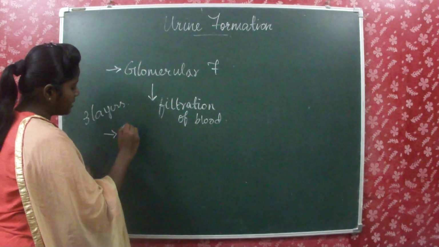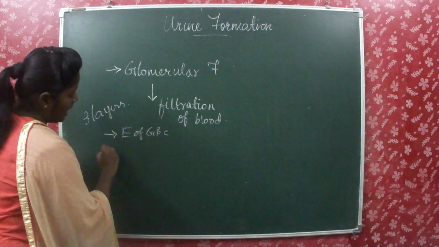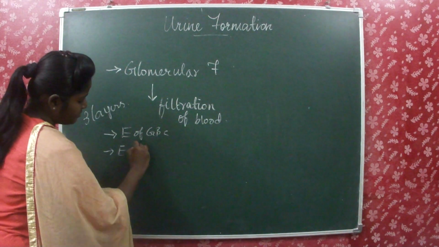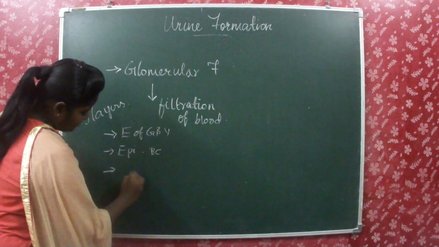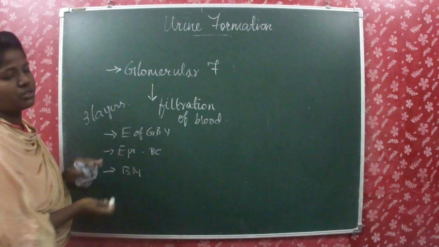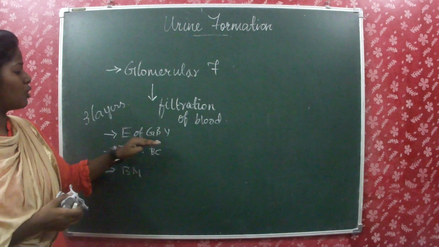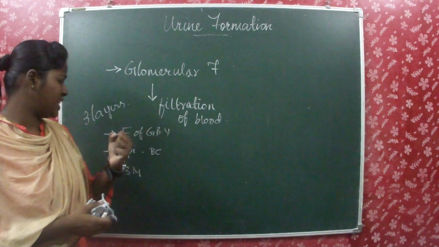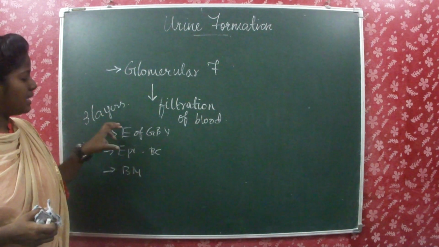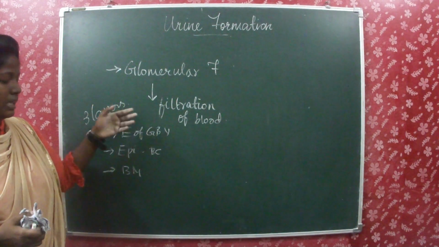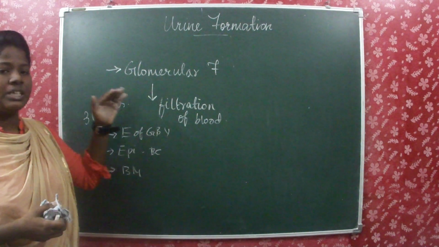The first is the endothelium of the glomerular blood vessels, then the epithelium of Bowman's capsule, the outer layer, and between these two layers, the basement membrane. That membrane is also important for this filtration process.